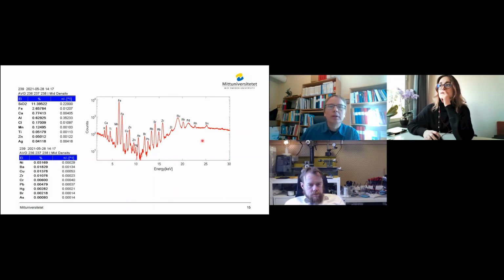So we can see that we have quite many elements, but you can still use the technique to distinguish a lot of them.